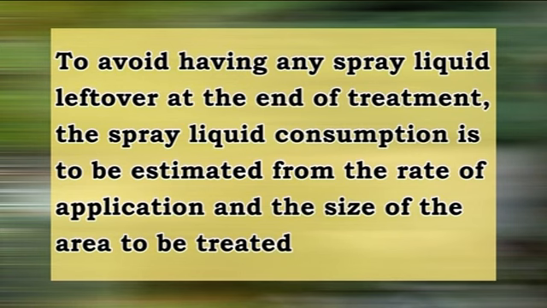To avoid having any spray liquid left over at the end of treatment, the spray liquid consumption is to be estimated from the rate of application and the size of the area to be treated. The number of tank fillings is calculated from the spray liquid consumption and the tank size.